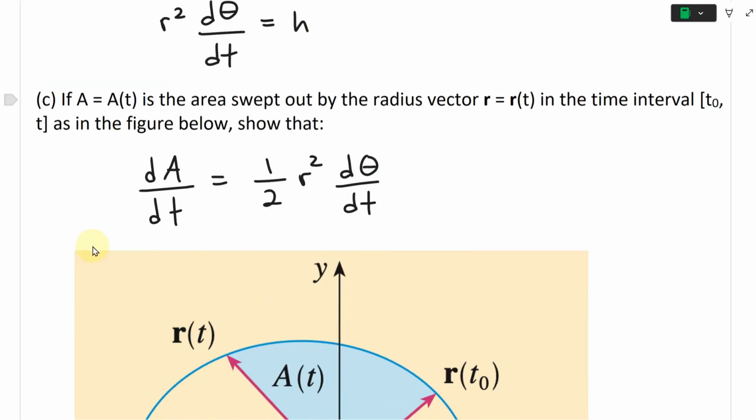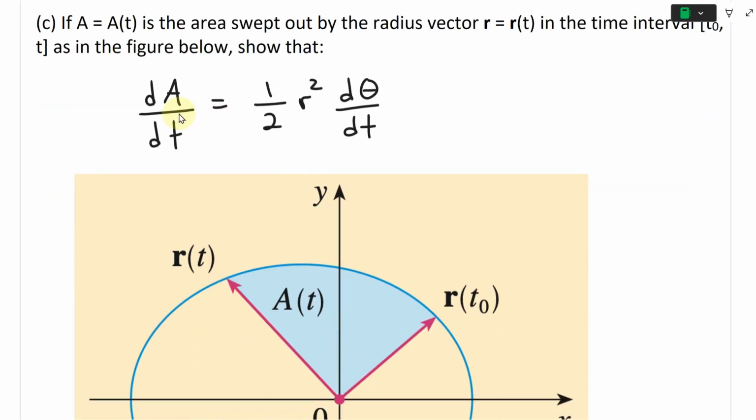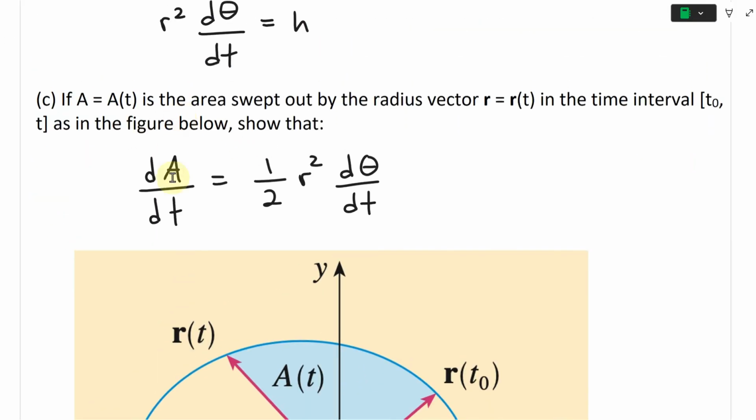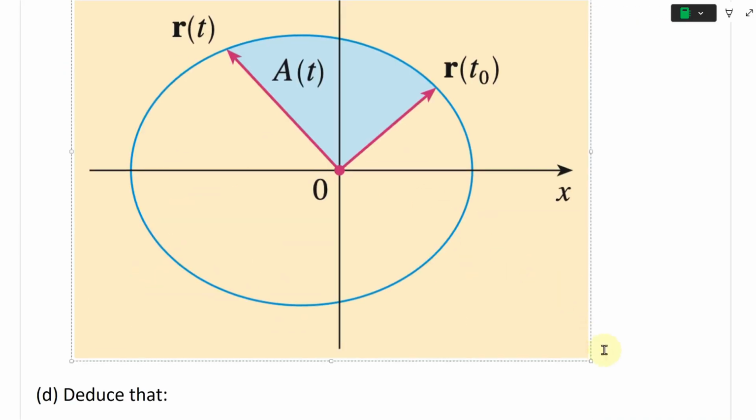And then part C: if A equals A of t is the area swept out by the radius vector r equals r of t in the time interval t0 to t, as in the figure below, show that the derivative dA over dt equals 1/2 r squared d theta over dt. And basically, here is the figure.